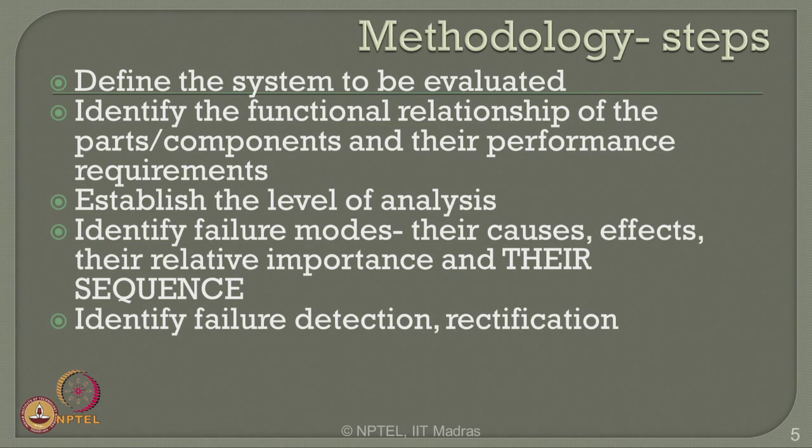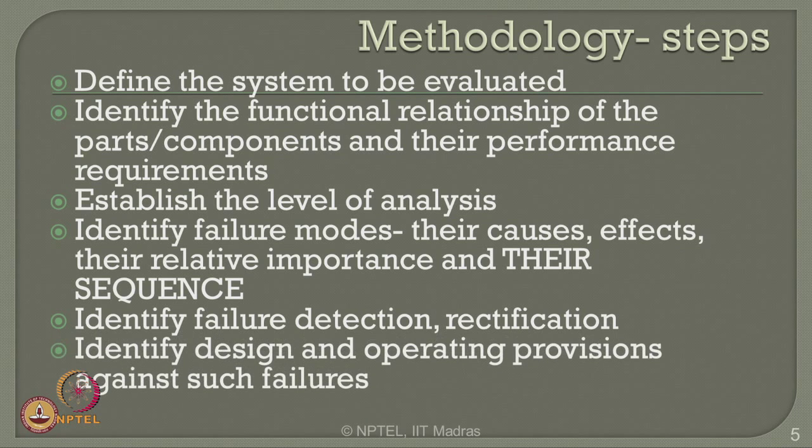Once this is done, we are through with identifying the failure detection and subsequently the rectification methods or mechanisms. Then identify the design and operating provisions against such failures. So, it is a very interesting pack of risk analysis which tells you all the sequences of failure that are envisaged in a given model.